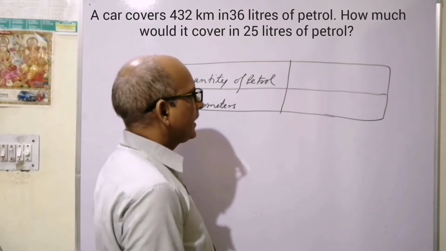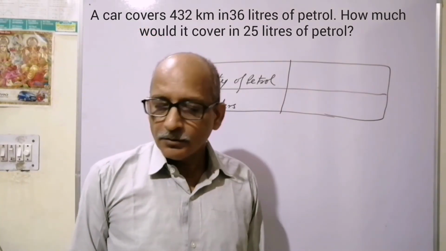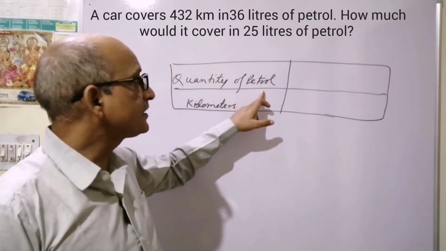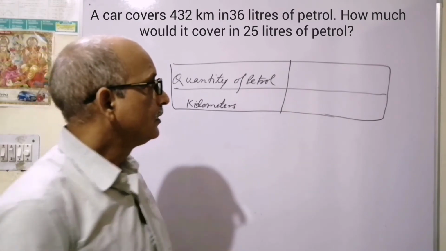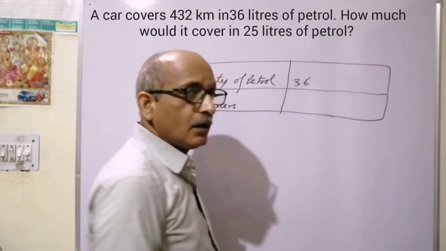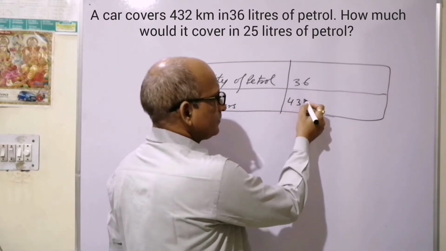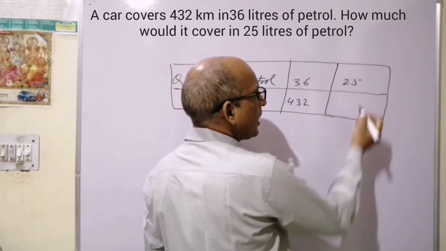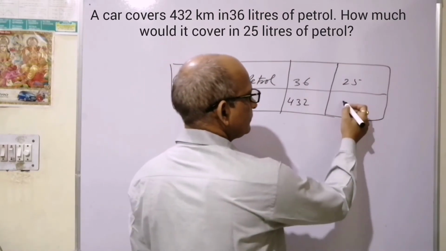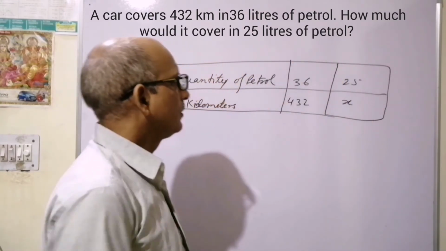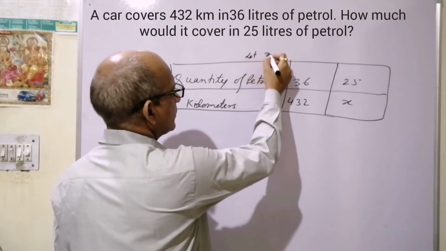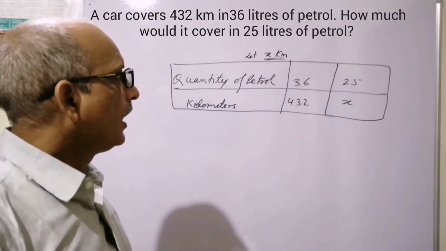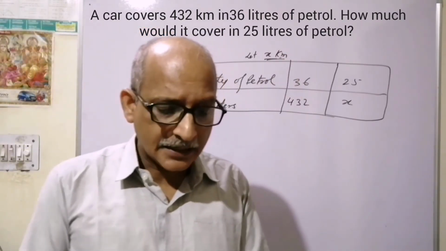First of all, we would like to write the known one first, though it is not a rule; you can take any first or later. So in the question, using 36 liters of petrol, a car can go 432 kilometers. Using 25 liters of petrol, how much distance will be covered? Let it be x kilometers totally.